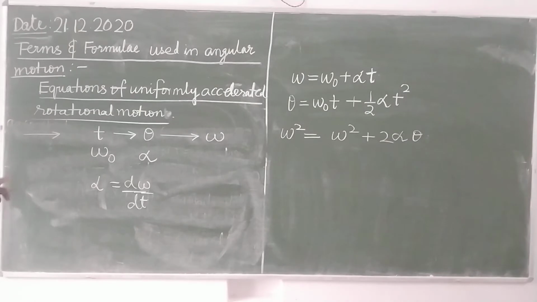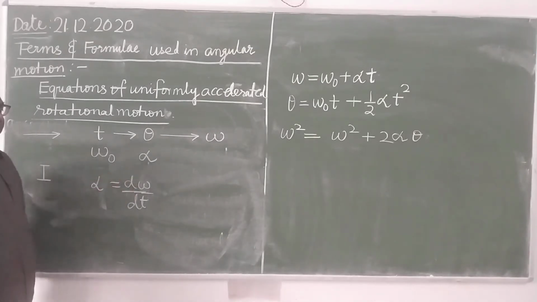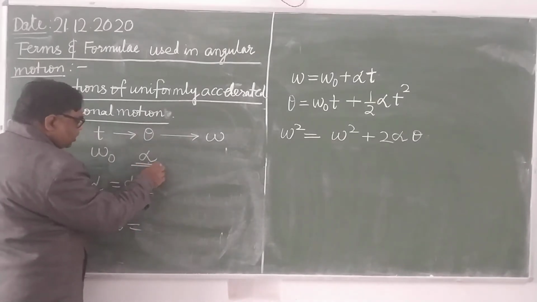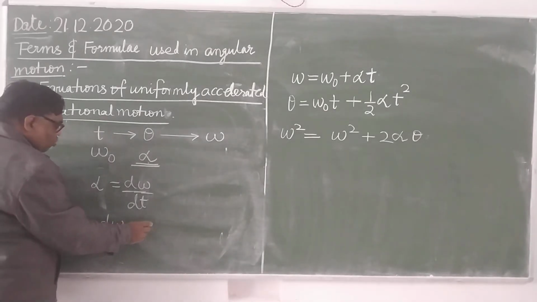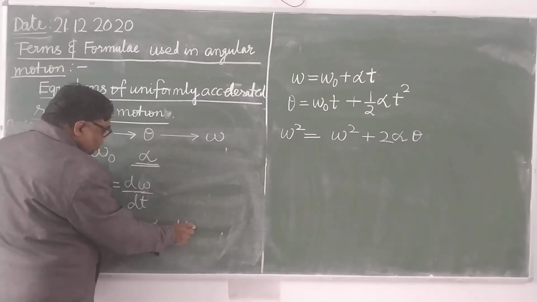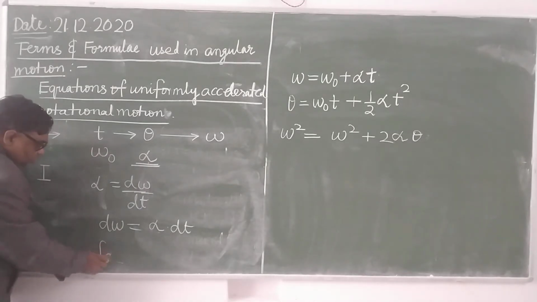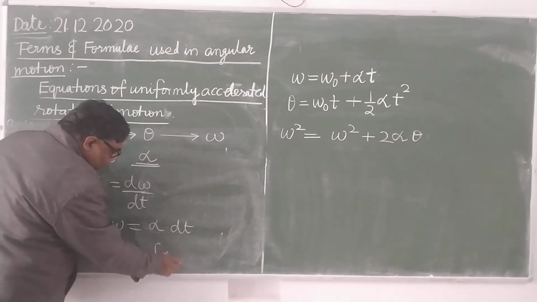We will begin from this. For the first equation, we begin from angular acceleration equals rate of change of angular velocity. So what will be d omega? Here you remember that alpha is constant. The body is moving with a constant angular acceleration. d omega will be alpha into dt. Now integrating it on both sides, integrating over the proper limits, the integral of alpha into dt.